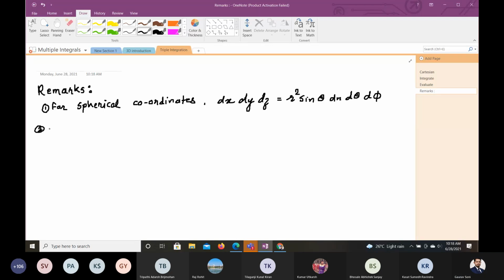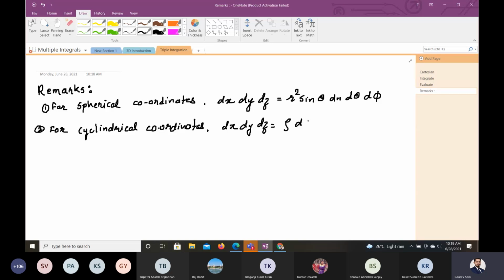Second, for the cylindrical coordinate system, dx dy dz is replaced by rho d rho d theta dz.